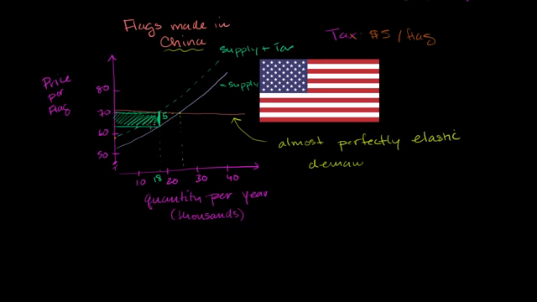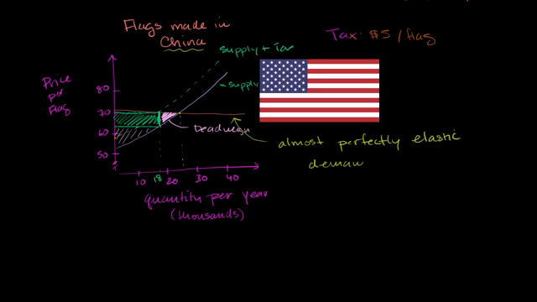And notice, it all came out of the producer surplus. The original producer surplus, especially if we assume perfect elasticity, was this green rectangle plus this and plus this. Now this little area right over here is going to be deadweight loss. And all of that came from the producer surplus.